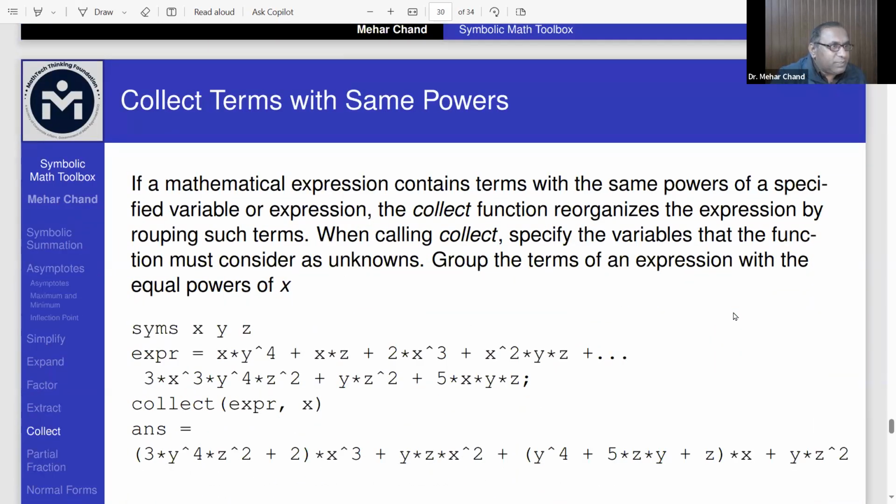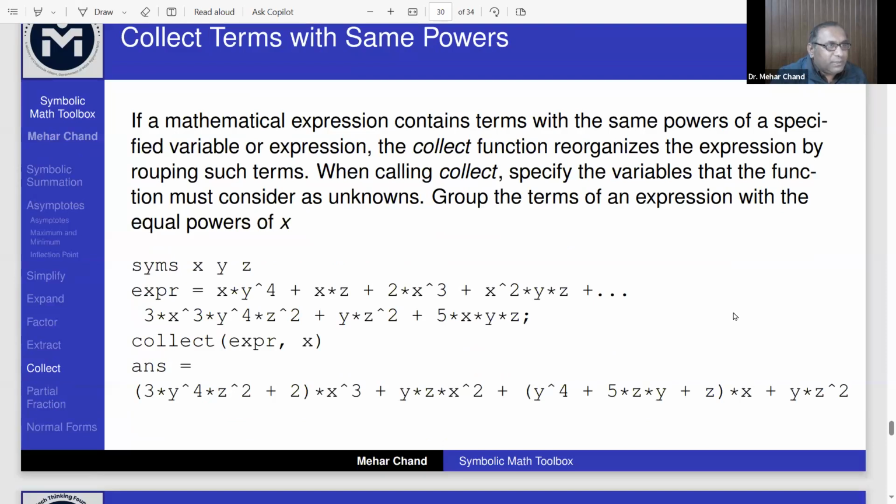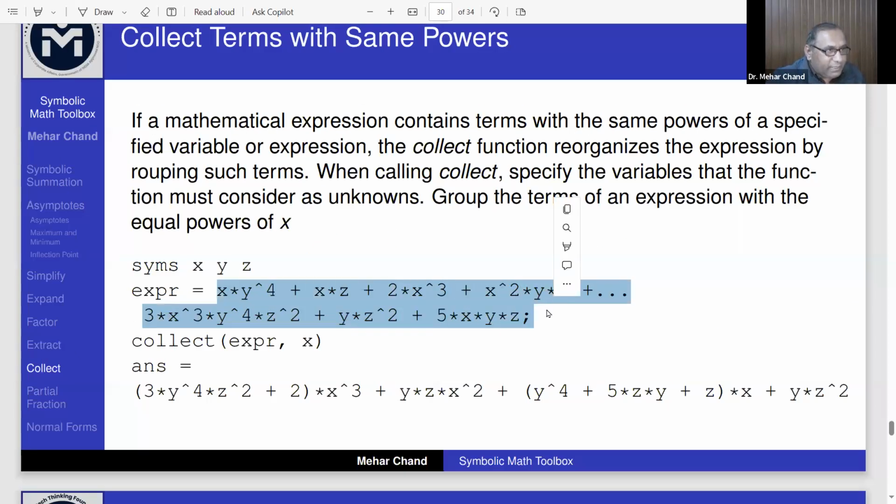The collect function is also important. Sometimes you have a very long expression and you want to collect the coefficients of like powers. Here you can see this is a very long expression, and involves x y raised to power 4, x z, 2x cube, and so on.